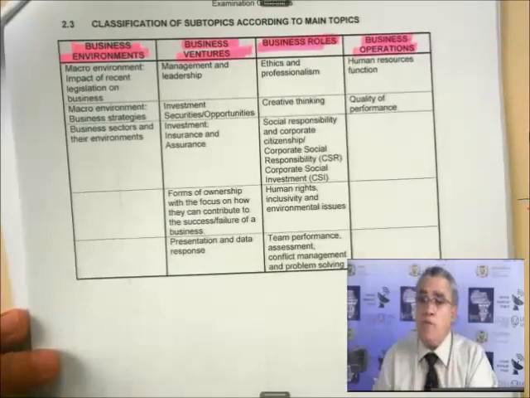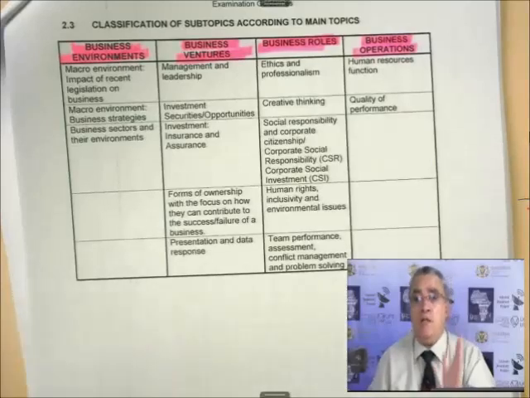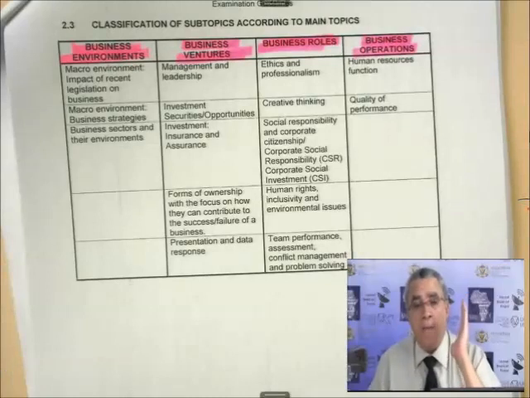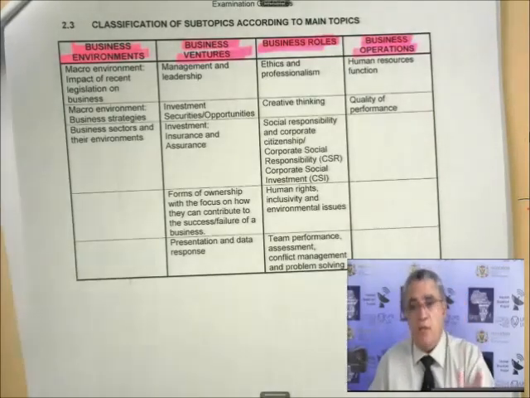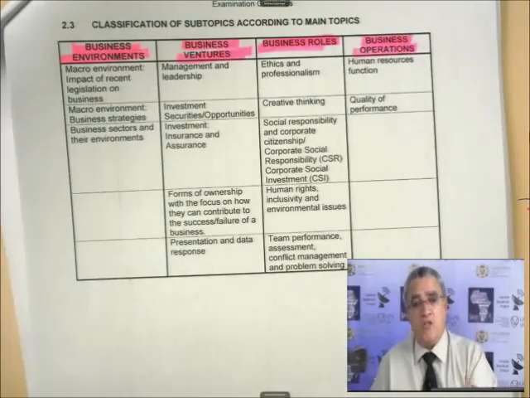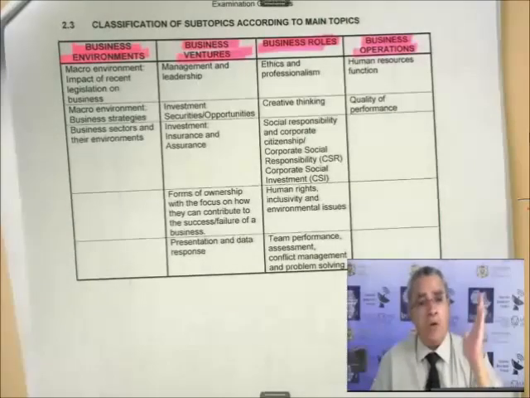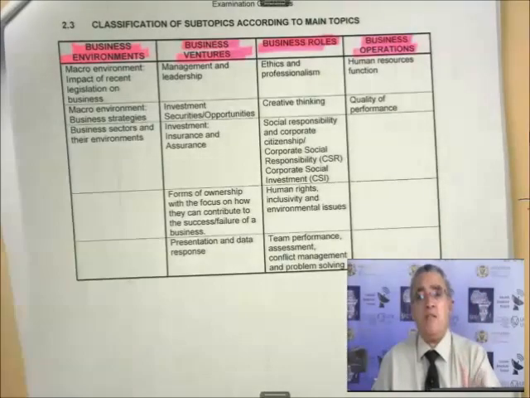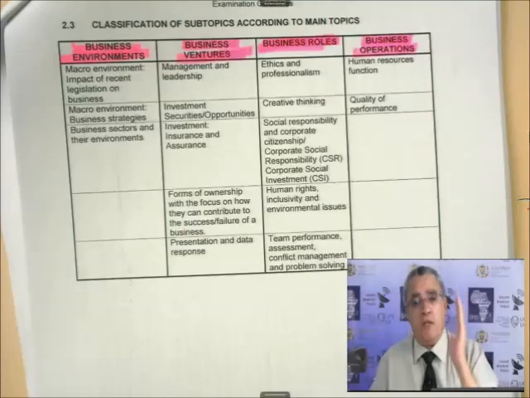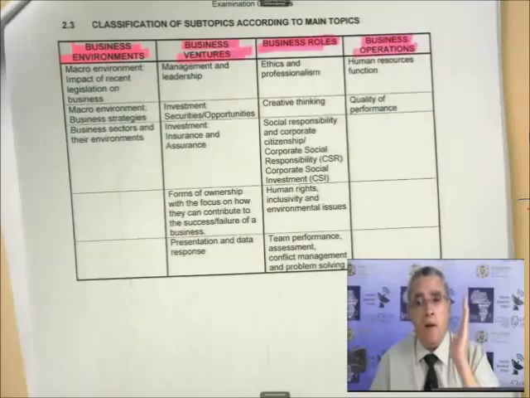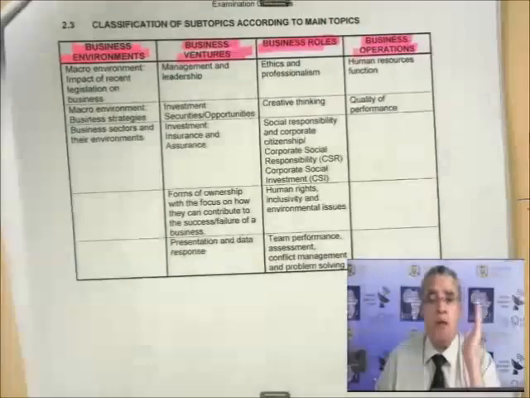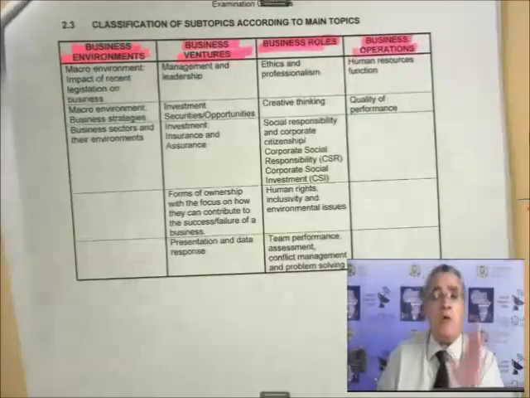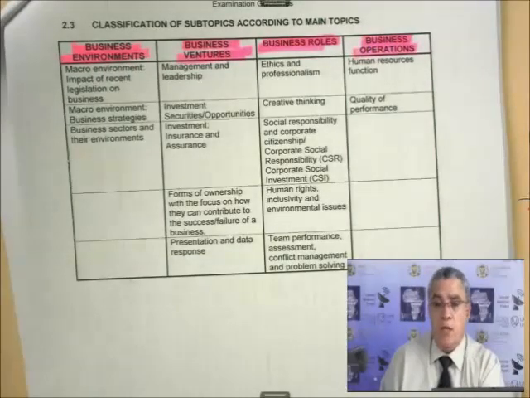Now, if you look at previous question papers, especially the September one, you will see that question 7 in section C covers content from the business environments. Question 8 covers an essay type question from any content topic on business ventures.